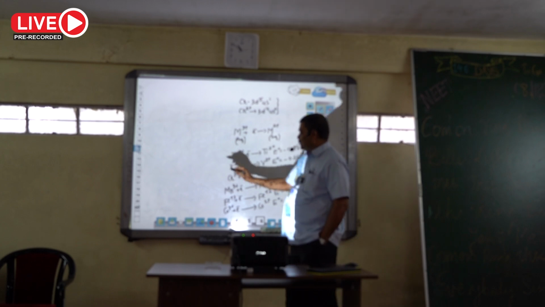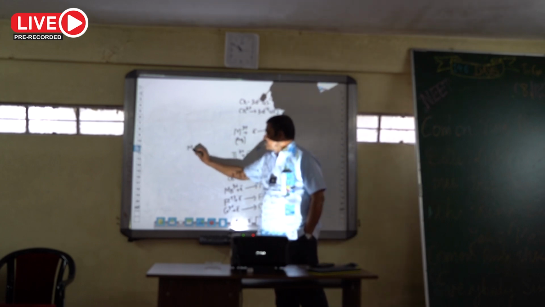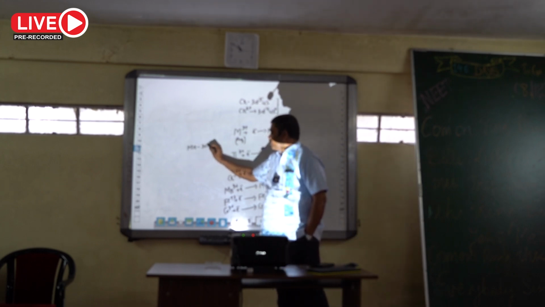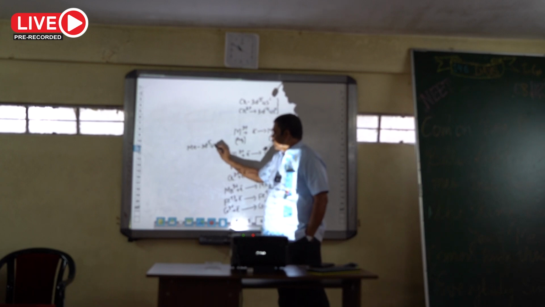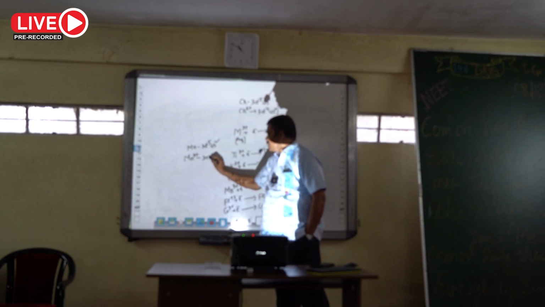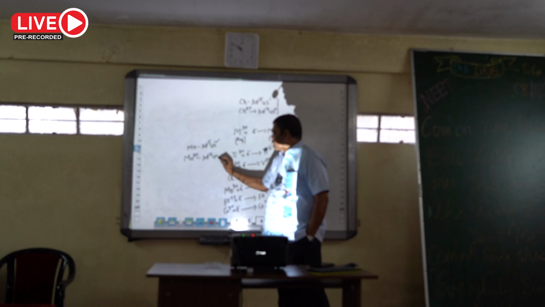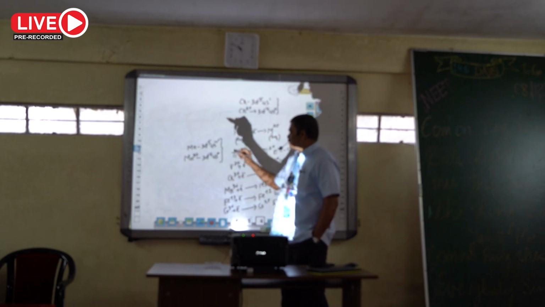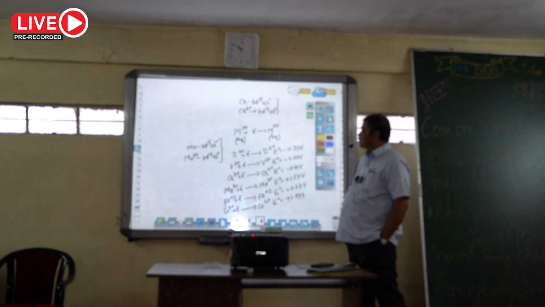And Mn is 3d5 4s2. Mn3+ is 3d4 4s0. This is case 2.